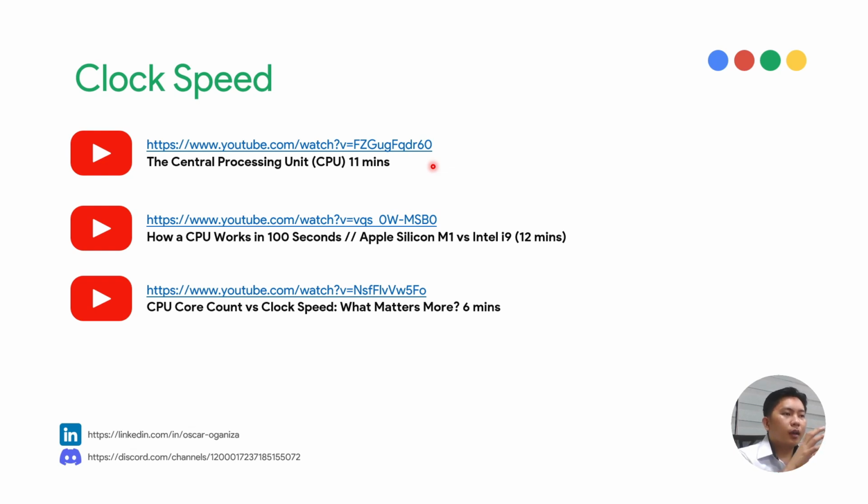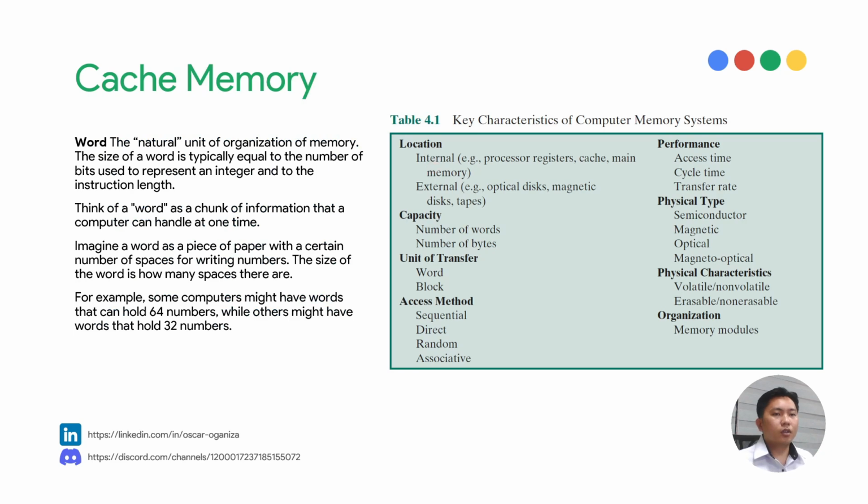And the battle between the Apple Silicon and the Intel i9, the CPU architecture they built that runs inside a computer, of course. And the definition of the computer, the central processing unit.